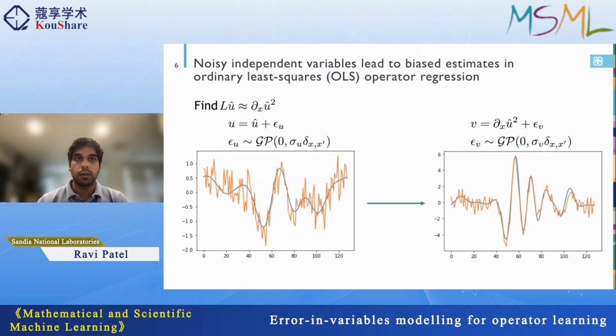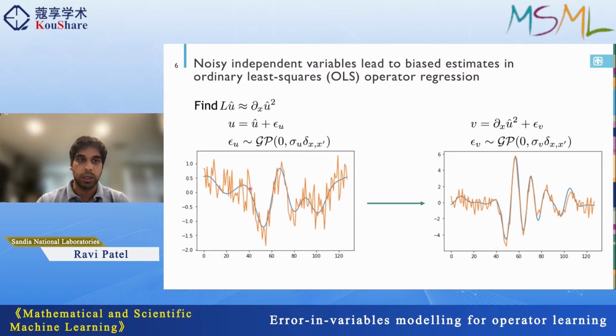But it turns out that if you try to do operator learning with noisy data in the independent variables, or the input to the operator, you'll end up with systematic bias for your estimate. So as an example, we'll try to recover the Burgers operator here.